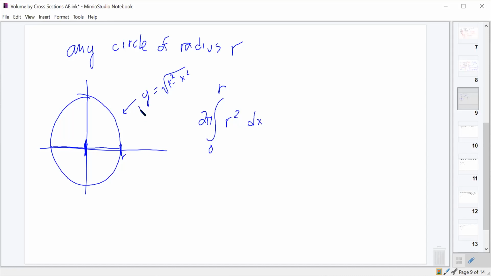Well, like we said before, our radius was y. And so our radius squared would be r squared minus x squared. And this would give us 2 pi times the integral from 0 to r of r squared minus x squared dx. Good or no? Conceptually, does that make sense?